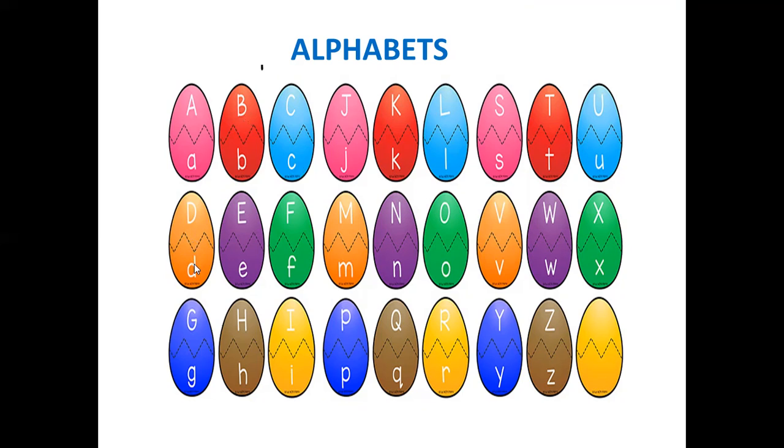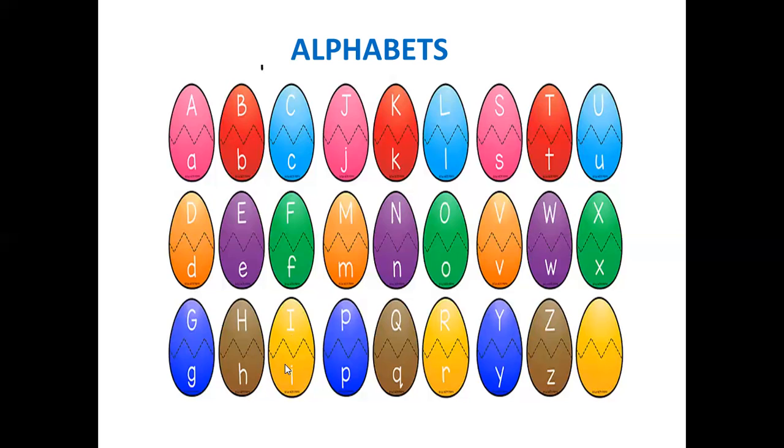D, this one is small d. Look here, this one is small d. E, small e. F, small f. G, small g. H, small h.